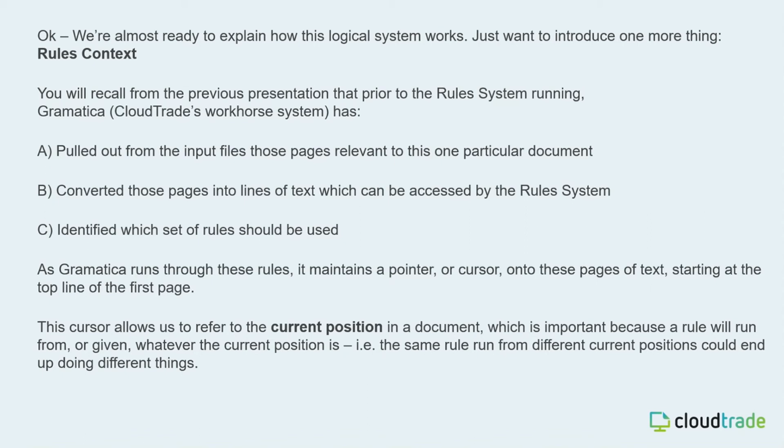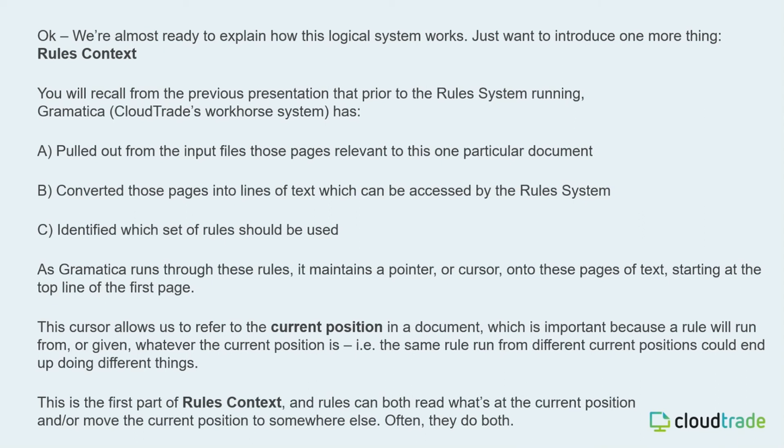This defines the current position in the document, which is important because a rule will run from or given what that current position is. If you run the same rule when the position is in two different places, you'll end up doing two different things.